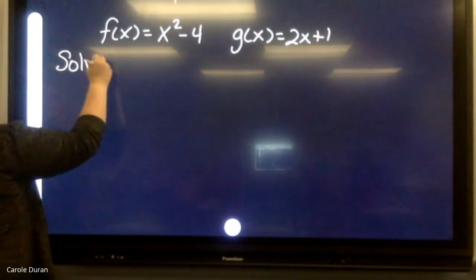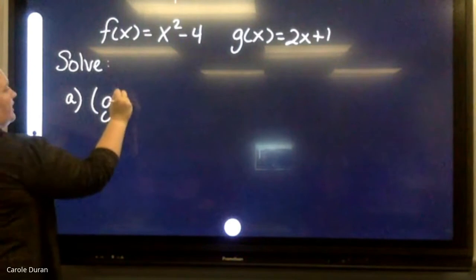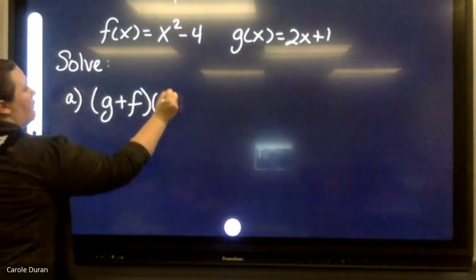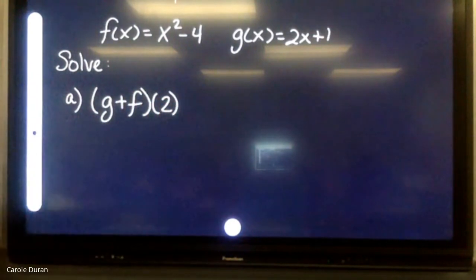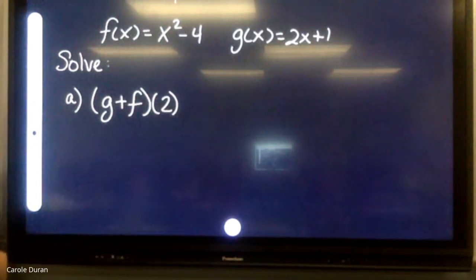And then I'm solving. The first thing I would like to solve is g plus f. So it's written almost exactly like the previous examples have been, except instead of leaving an x in that second parentheses, I put the desired number in. There are technically two ways that we can solve these problems.